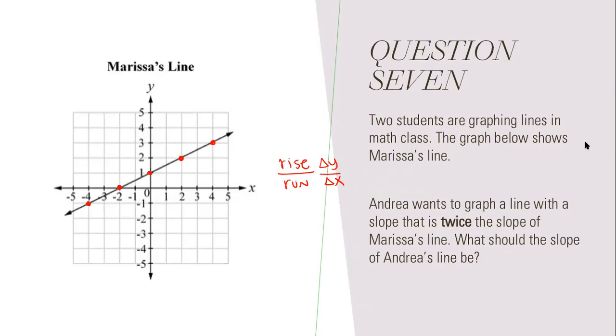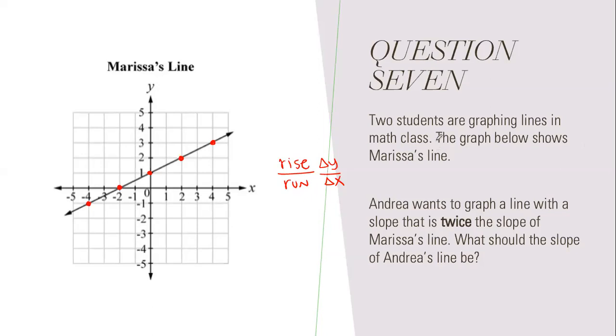You got this. Ten more seconds. 5, 4, 3, 2, 1.